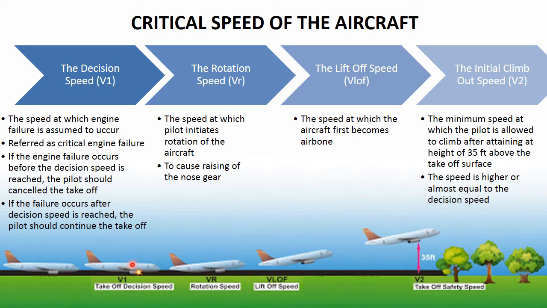Because if the pilot decided to cancel the takeoff after the decision speed is reached, it may be more dangerous for the aircraft and the passengers. So the pilot should continue the takeoff, and maybe after that they decide to return to base for landing. So that's the decision speed in this plot.